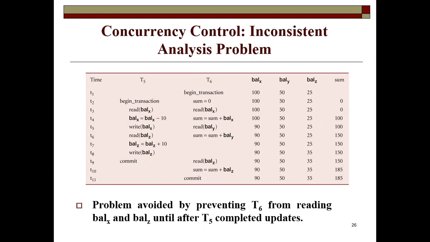Now, when we come to time T4, the balance of X, which is 100, we are deducting a 10 for transaction T5. But remember, the balance of X is 100.